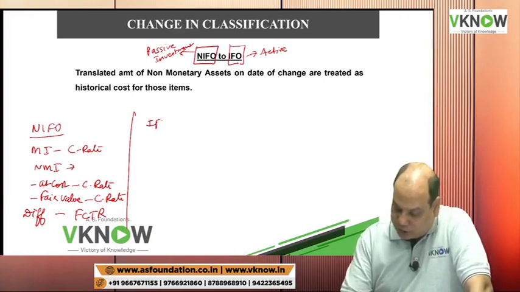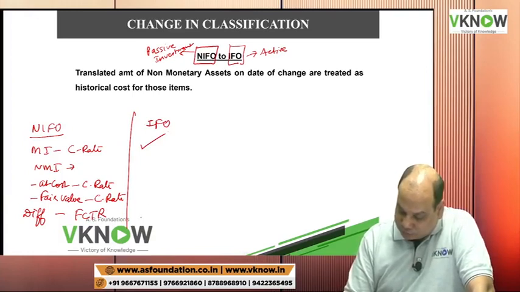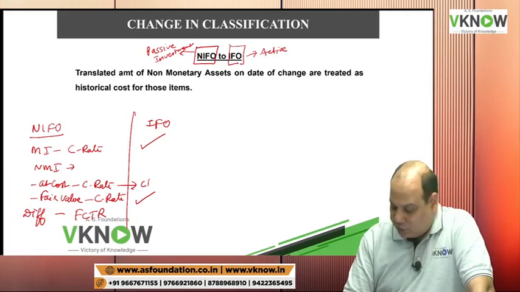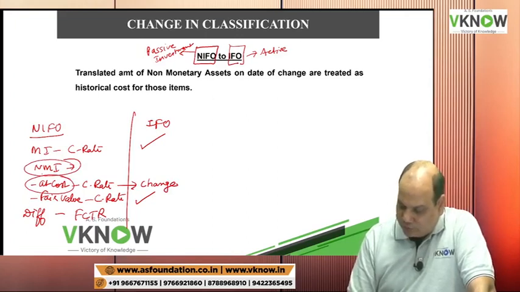Now we want to make it EFO, integral. No change here, no change here, but here there will be a difference. Non-monetary items which are carried at cost: under NIFO, we were following closing rate.